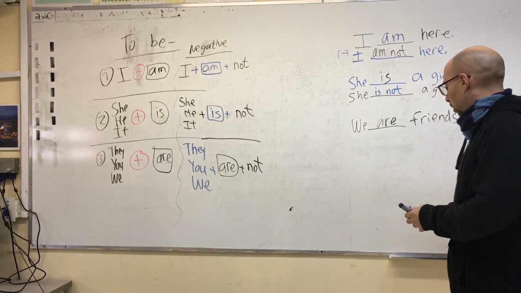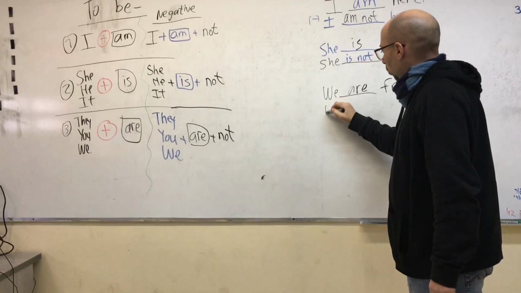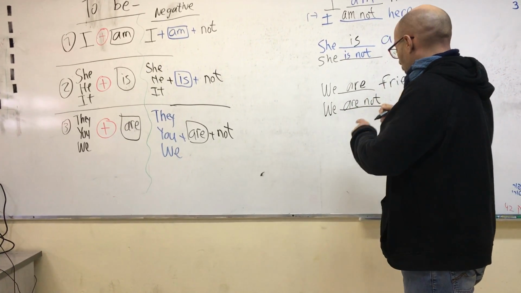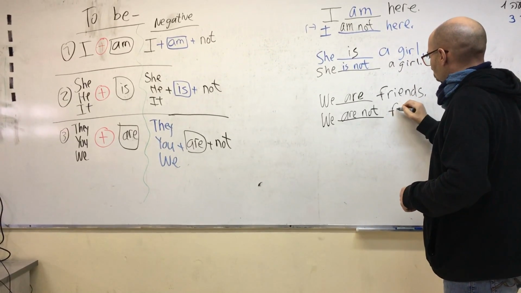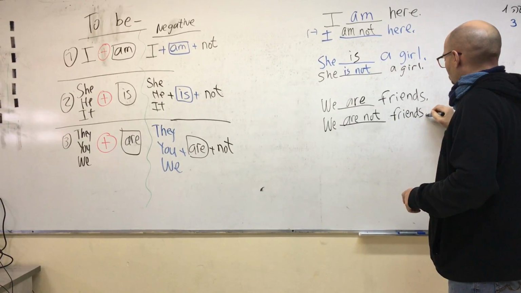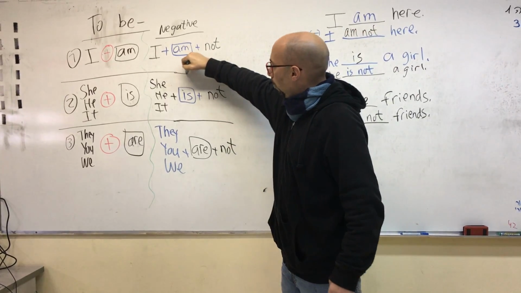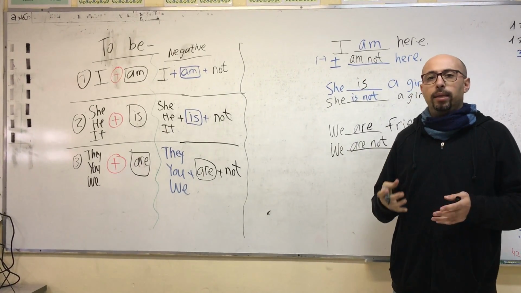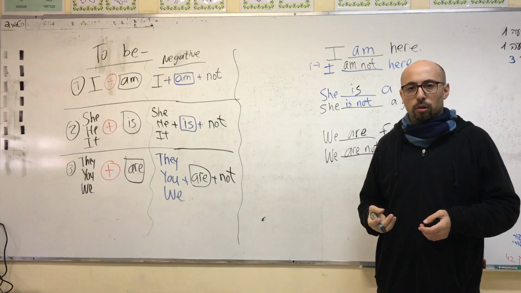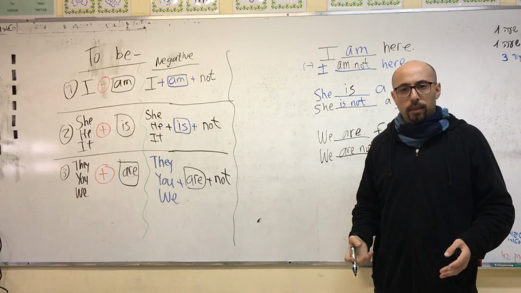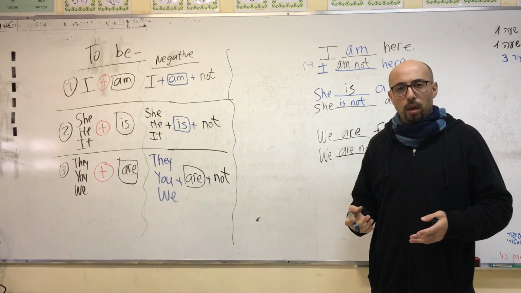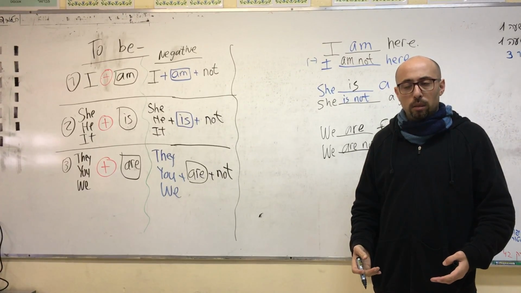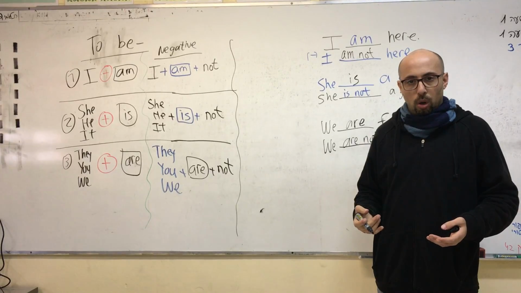We are not friends. The most important thing is to use the table that we are writing now on the board as a backbone, as a base, as a source for future exercises. To start with very basic sentences and fill them in time after time. The more we go over the exercises, the more we'll remember it for the long term.